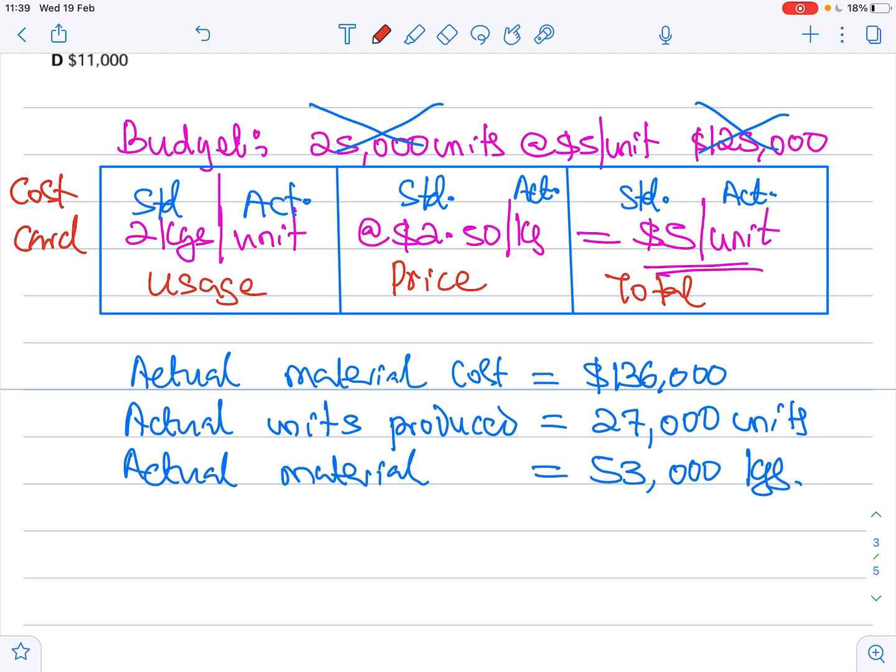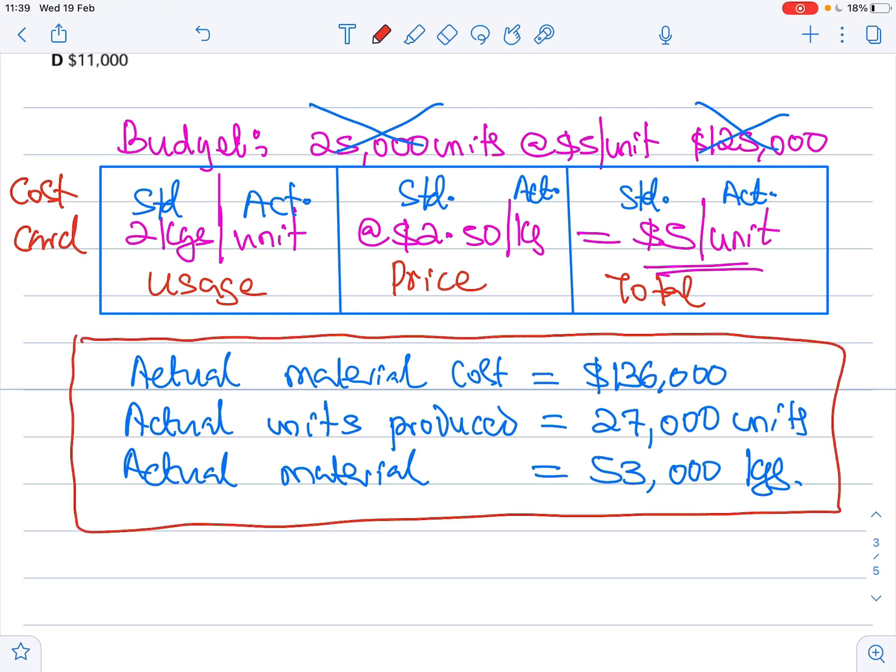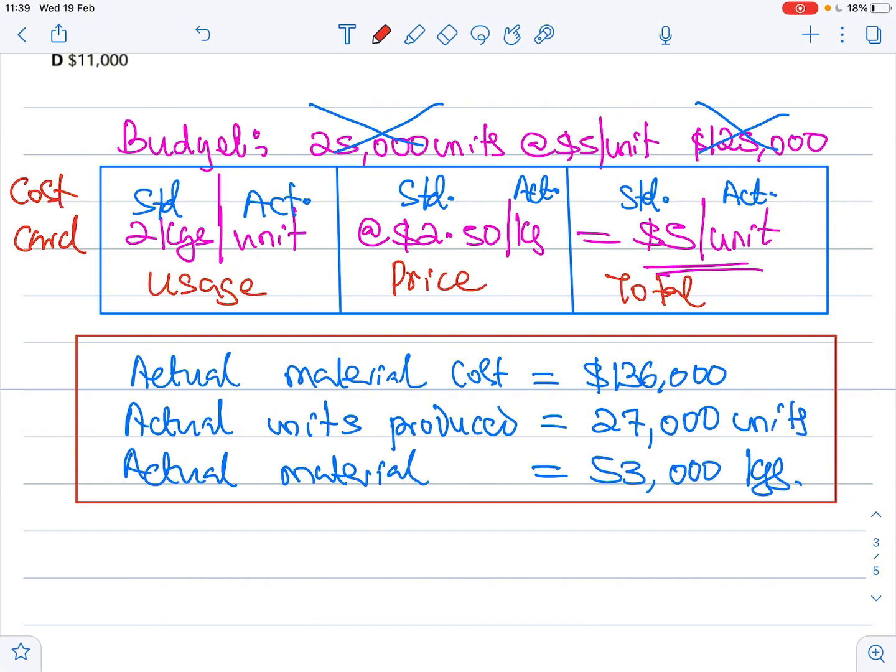So you have your standard information here and your actual information here. What you need to do is pick out the cost card, which is the standard information, and extract the actual information. These are the two things we're going to use to solve the two questions.